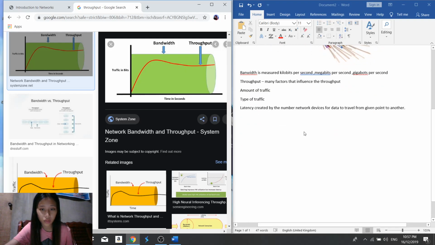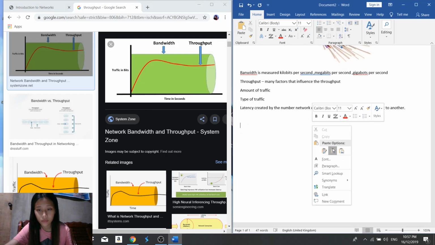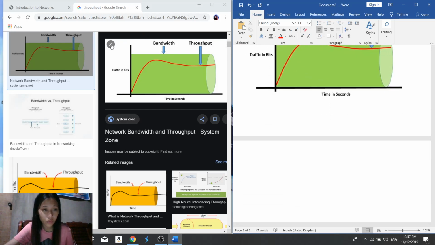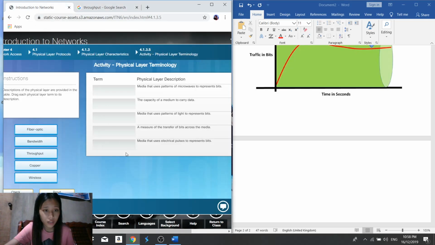So I'm going to put it in here. Then for the next one we have the copper.